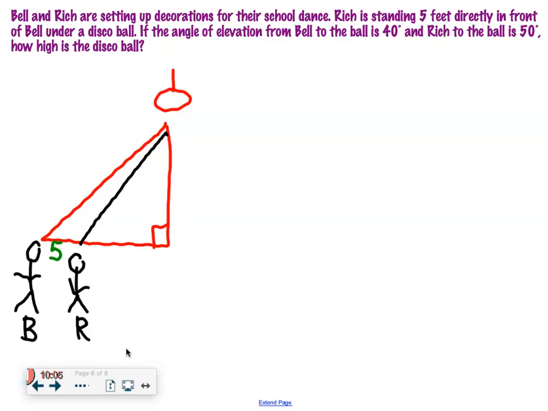And what else were we told? Belle's angle is 40 degrees. And what's Rich's angle? 50. And then what are we looking for? The height of the disco ball.